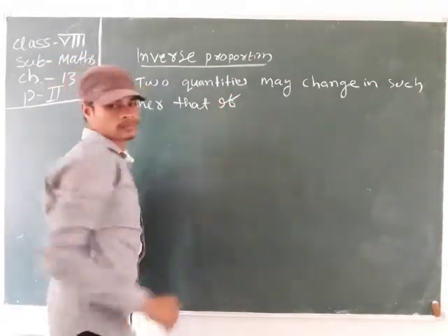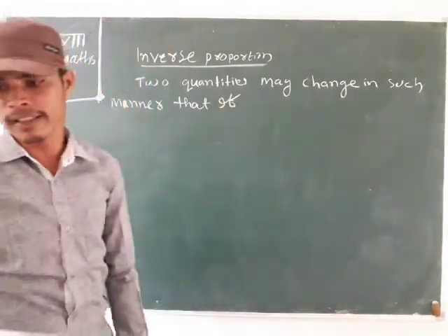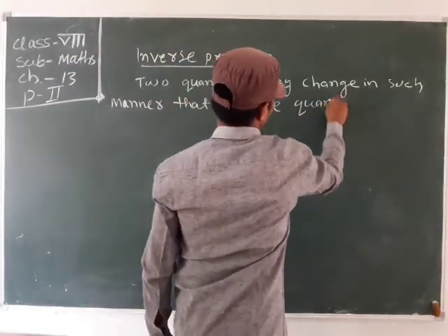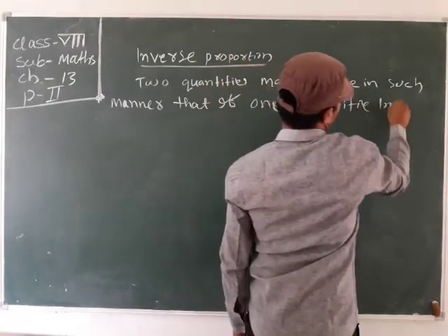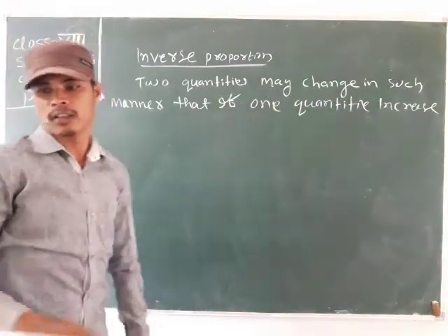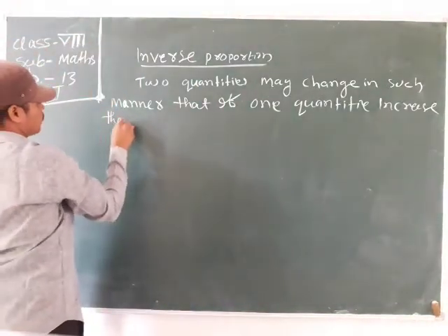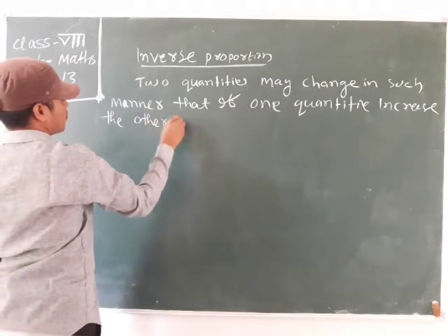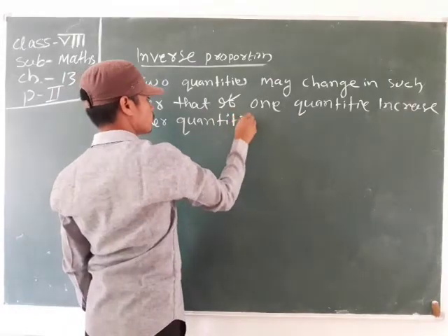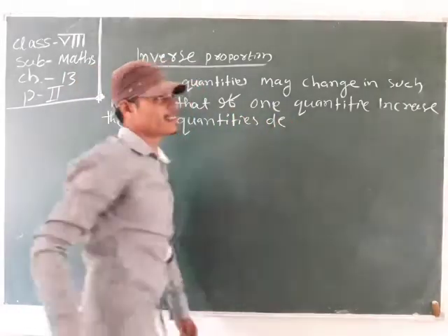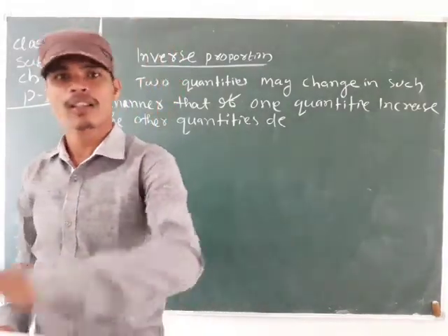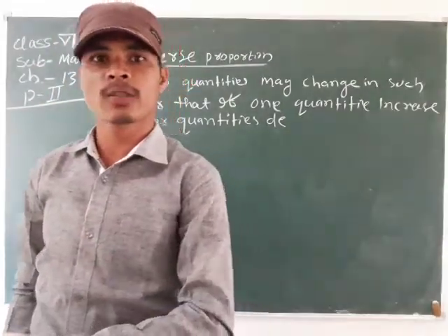if one quantity increases, the other quantity decreases. That is not direct proportion. In direct proportion, if one quantity is increased, then the other is also increased, and if one is decreased, then the other is also decreased.